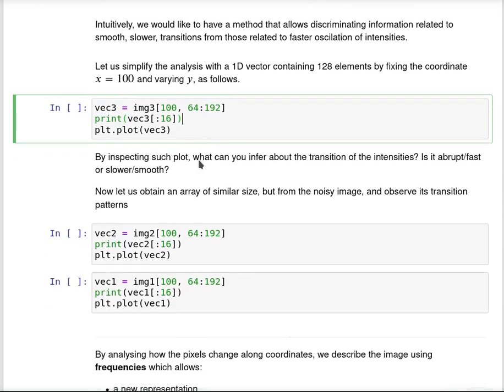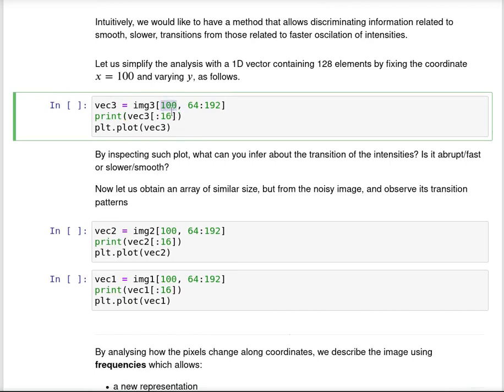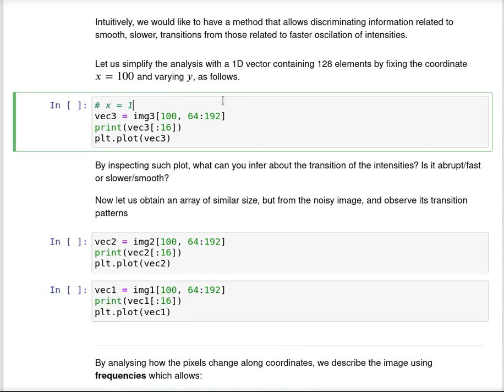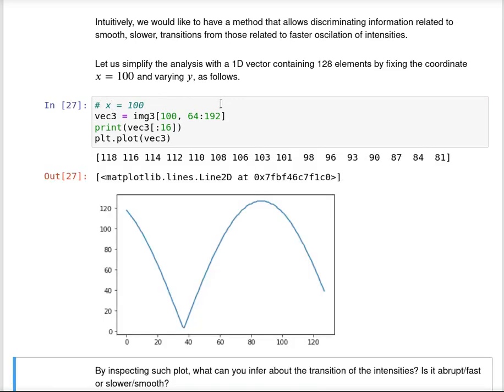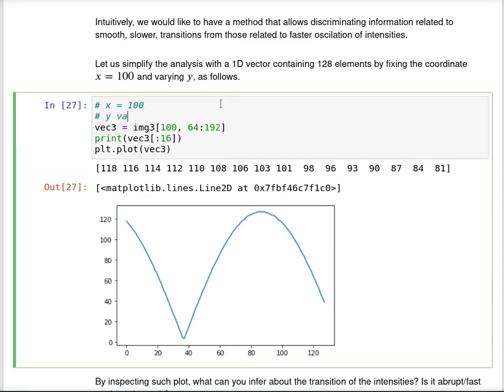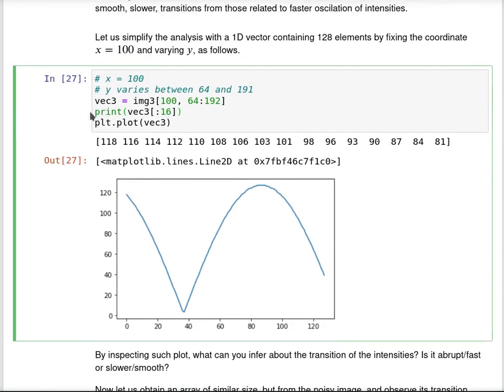I'm just fixing the coordinate x equals to 100, and then y varies between 64 and 191. The last point is not included in the interval. I'm printing the first examples here, and it behaves as we noted in the image.